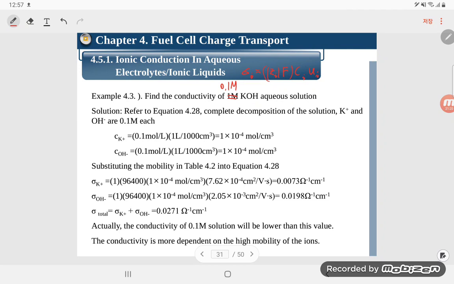Firstly, if this material is in the aqueous state, then there is a potassium ion and a hydroxide ion. Let's check the mobility for each.